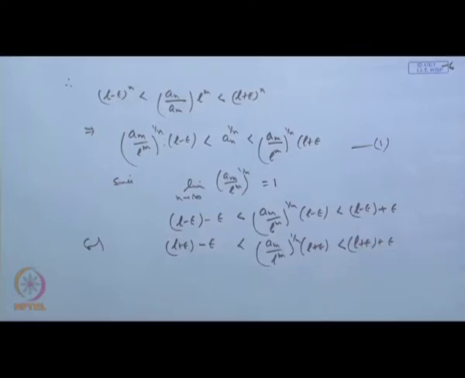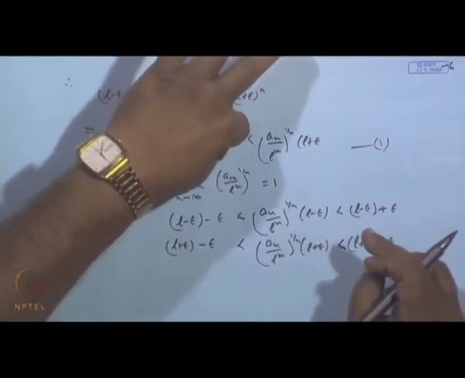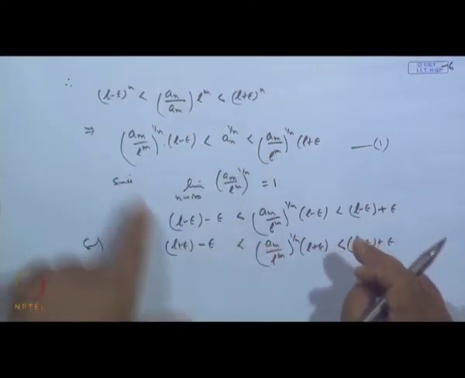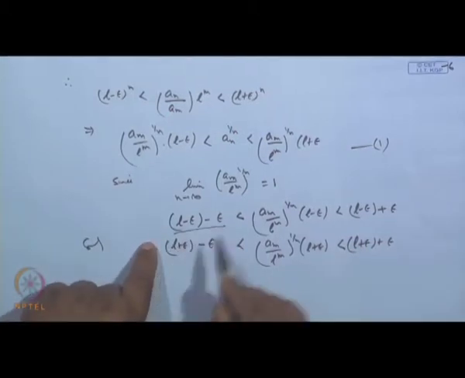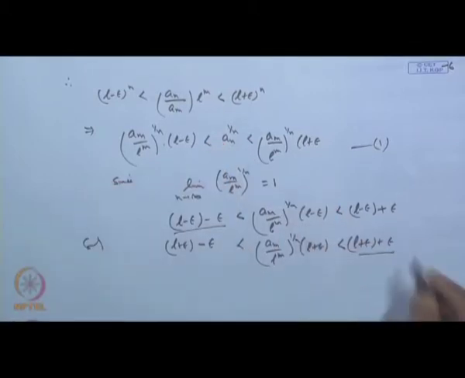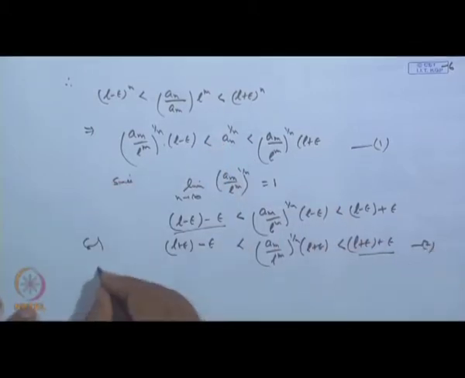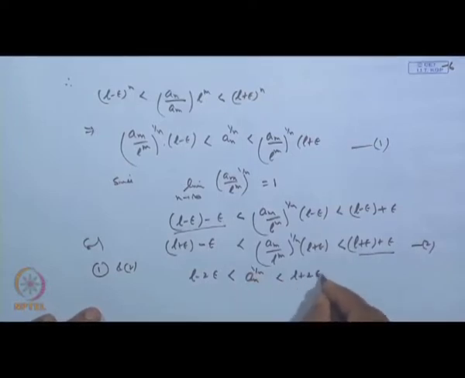So what we conclude is that for a n to the power 1 by n, the lower bound will be L minus 2 epsilon, and the upper bound will be this. If we combine 1 and 2, we get L minus 2 epsilon is less than a n to the power 1 by n, which is less than L plus 2 epsilon.